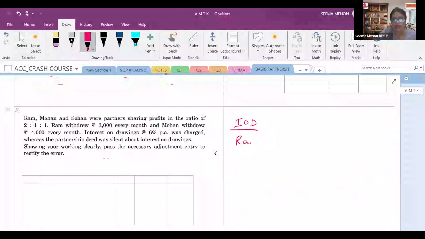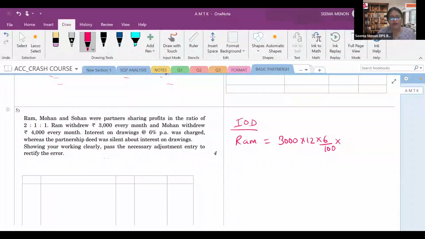For Ram, what is the amount of interest on drawing? Ram withdraws 3,000 every month. So 3,000 multiplied by 12, every month, the 12 months are there. And what is the rate of interest? That is 6% per annum. The rate is 6%, but the date is not mentioned.